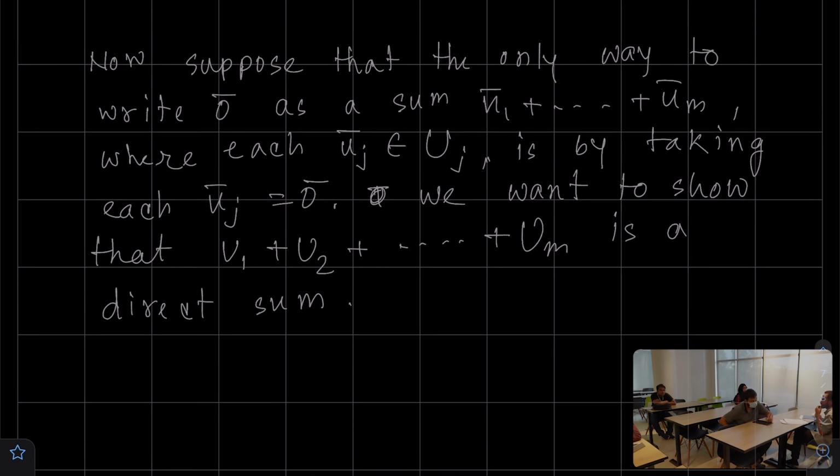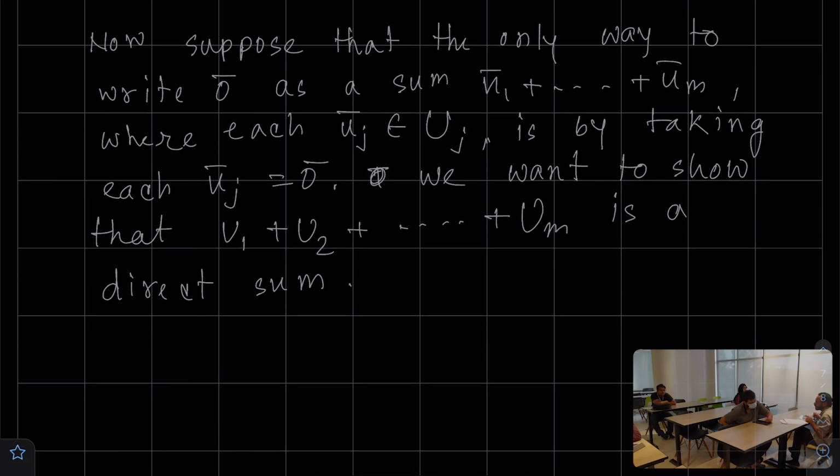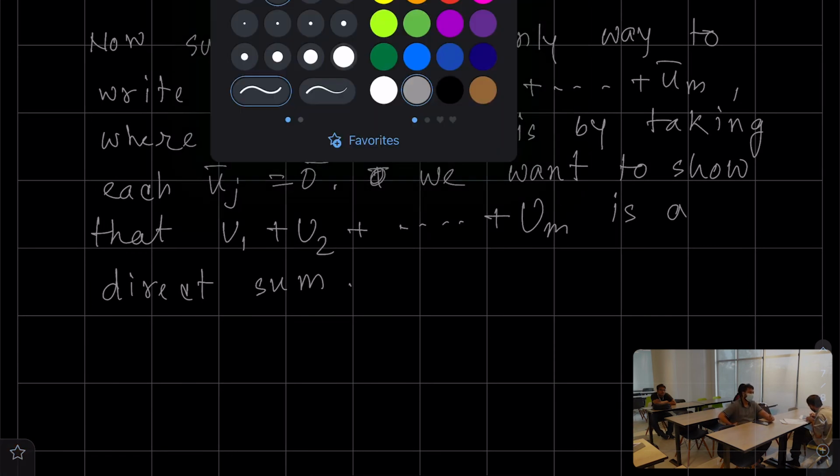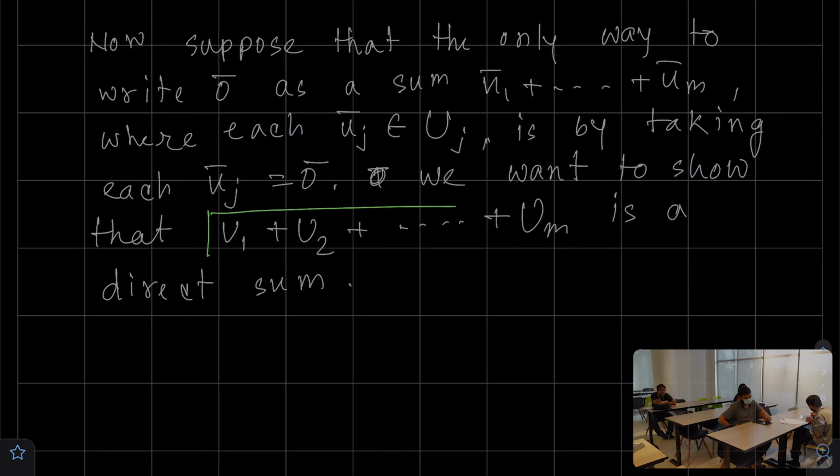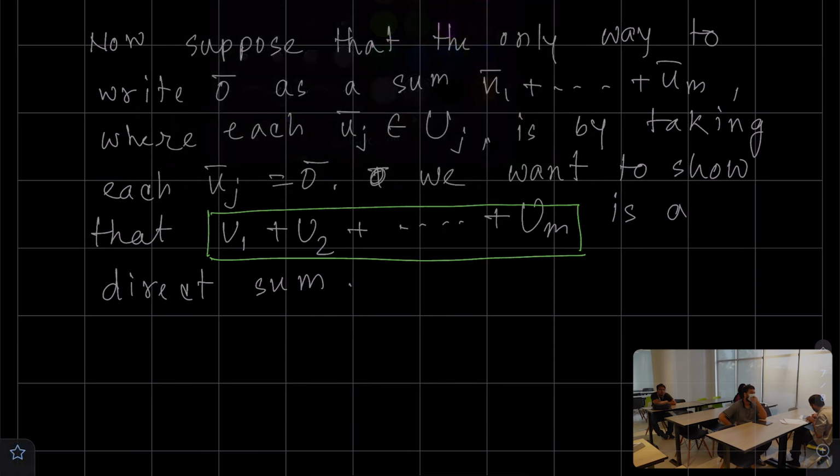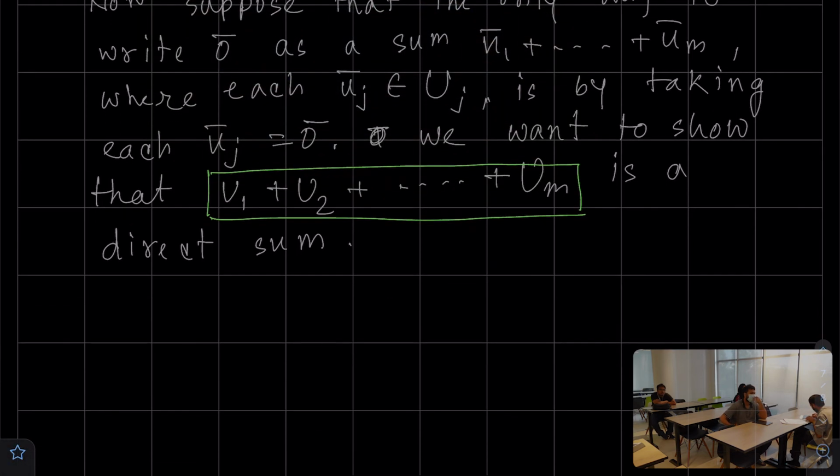So I consider a vector v belonging to u1 plus u2 plus um.